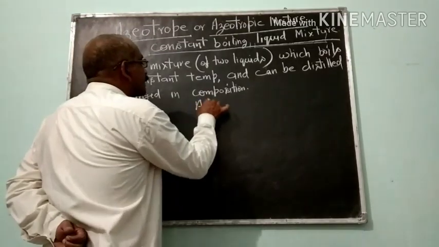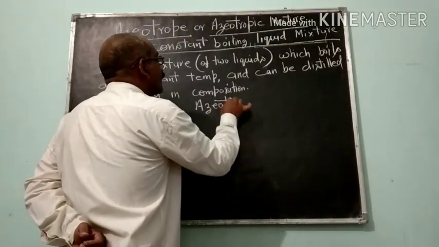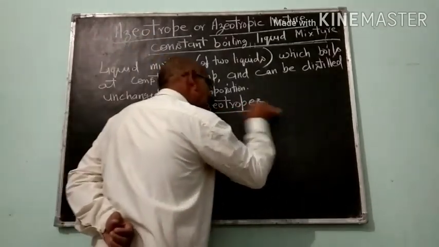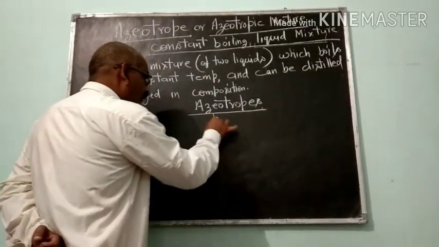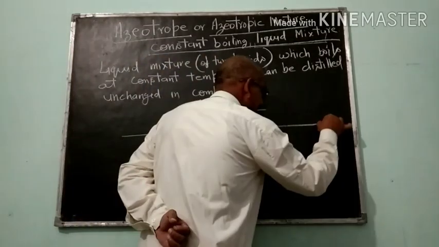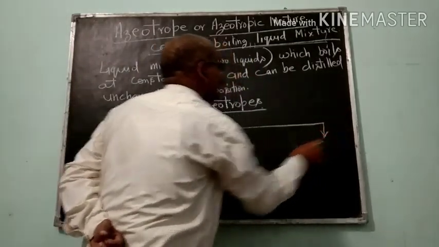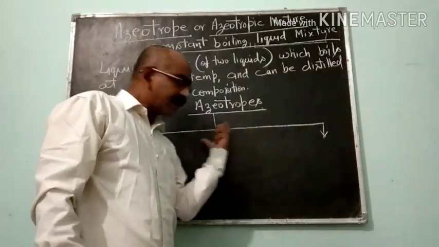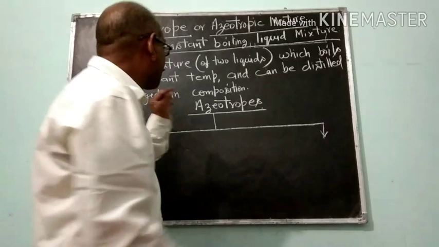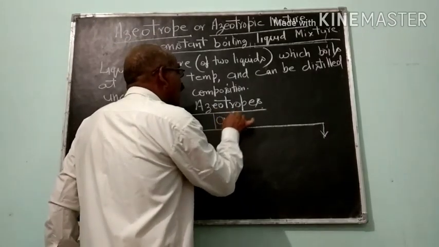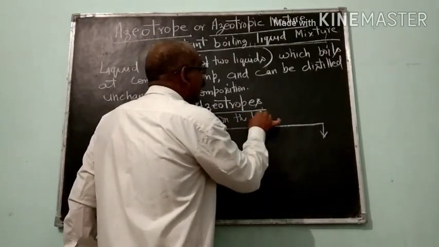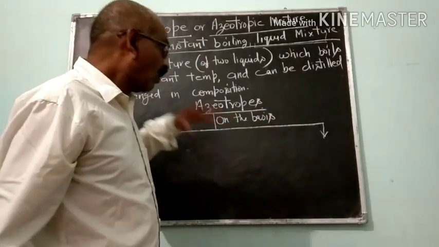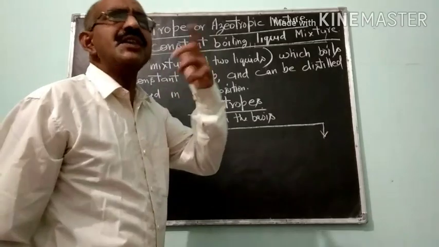These azeotropes are of two types, and this classification of azeotropes is based on the deviation from Raoult's law.